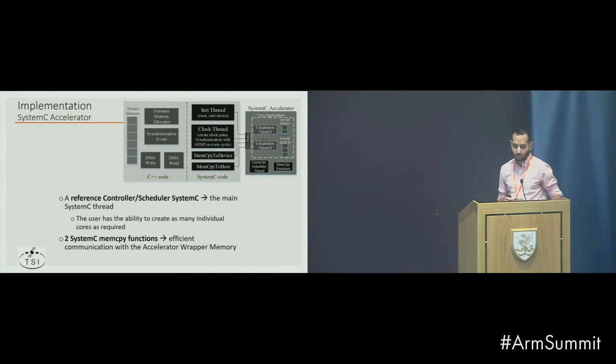The reference controller scheduler, as we can see here, is the main SystemC thread, which is called by gem5's operating system application, while the user has the ability to create as many individual cores as required in your SystemC accelerator. And finally, 2 memcpy functions were implemented in order to allow communication between wrapper device memory and internal RAMs.